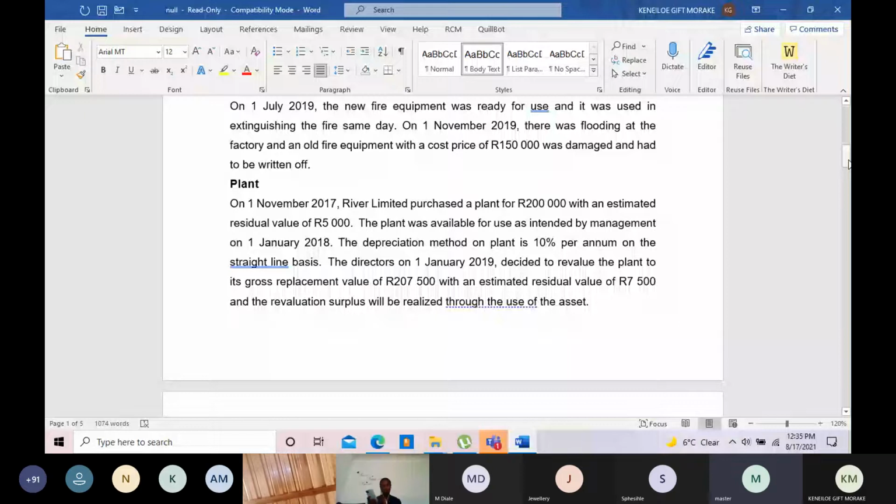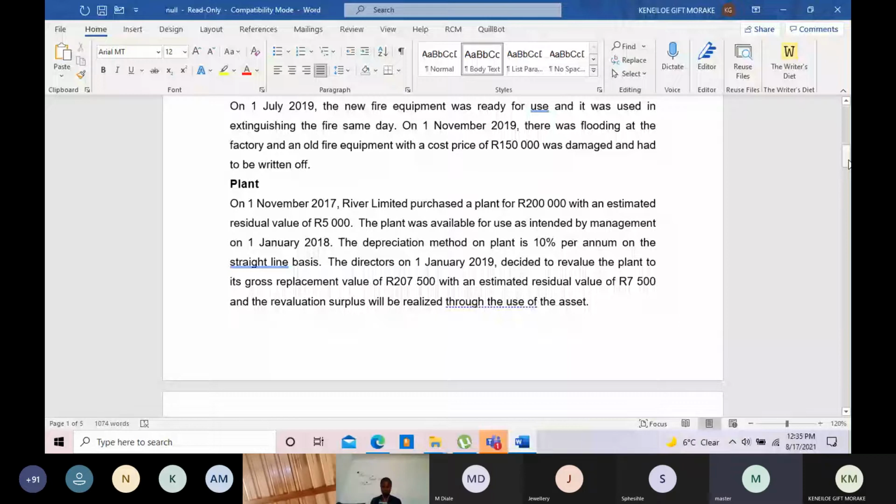Meaning, if they said we calculate the depreciation using the reducing balance method, you need to take the cost price, which is 200,000 in this case of plant, and subtract the residual value. And we are now told that there is a residual value of 5,000 rand here.